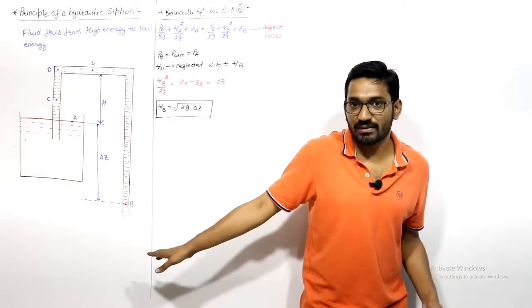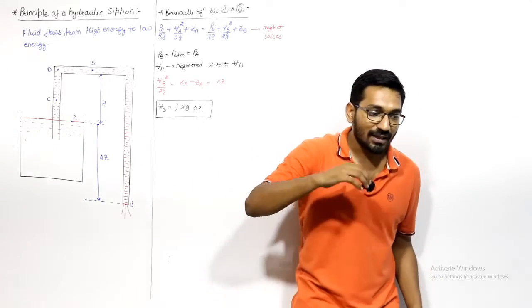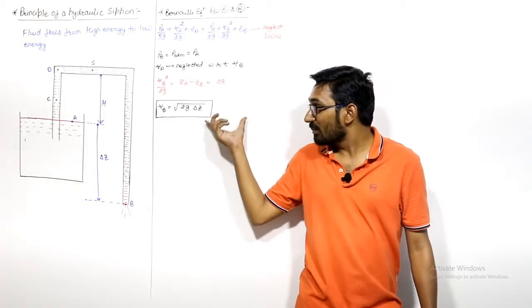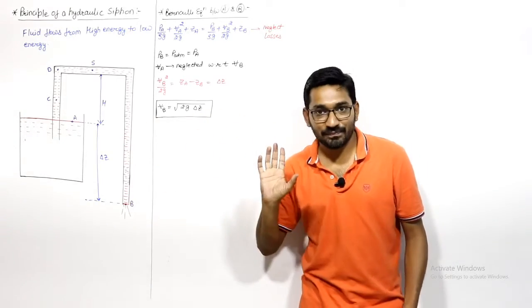Initially this velocity is not there. It is created at the expense of the difference in the potential head of point A and point B, right?